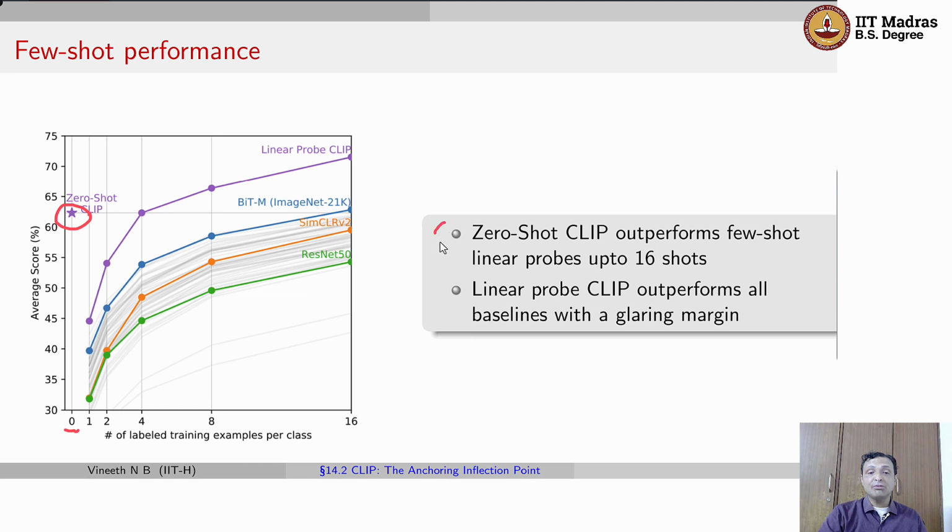And even if you give a few samples for competing models, you see that all of these models don't perform as well as CLIP unless you go and give at least 16 samples for each of those unseen classes. And a linear classifier built on the CLIP features significantly outperforms any other baseline in this context when it receives 16 samples for those unseen classes.